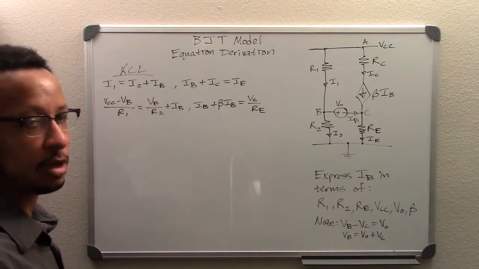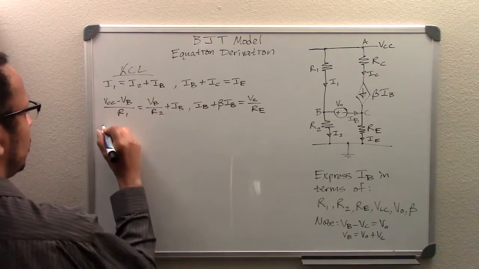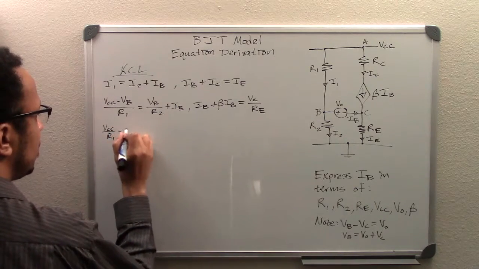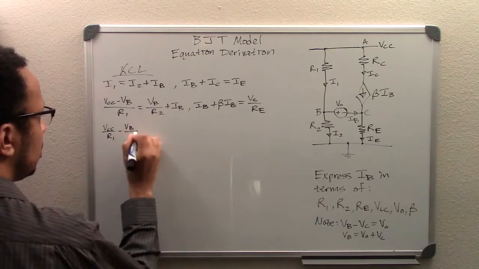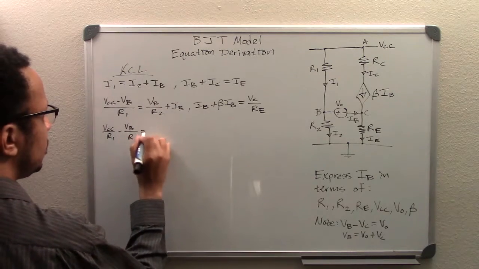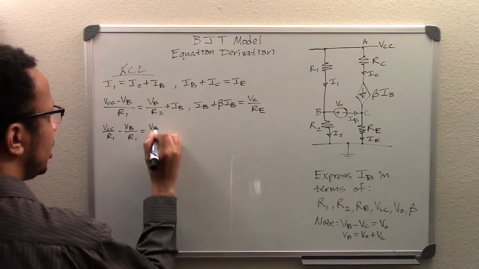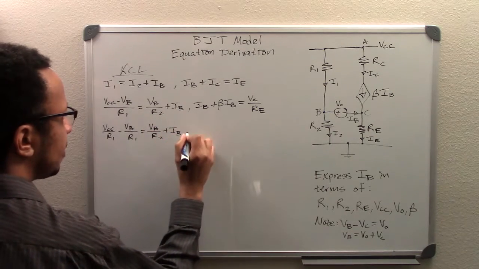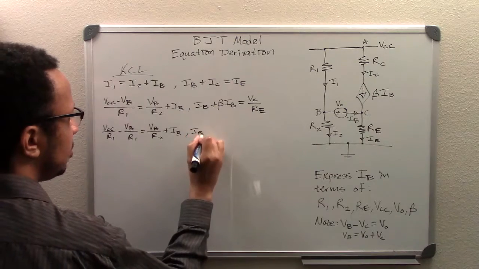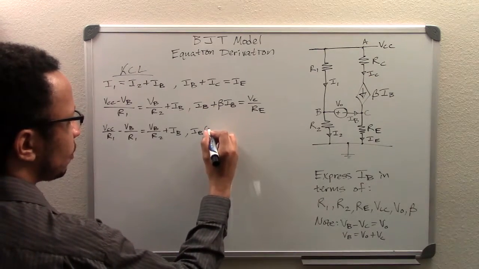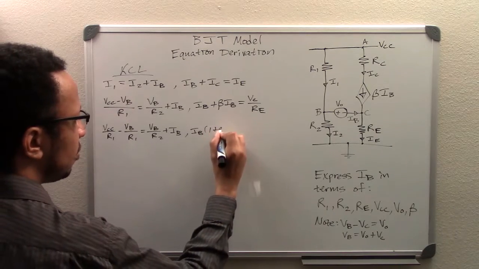So I'm going to separate and say VCC minus VB over R1 equals VB over R2 plus IB, and IB, and I'm going to factor, is 1 plus beta.